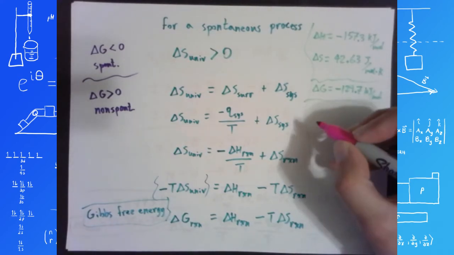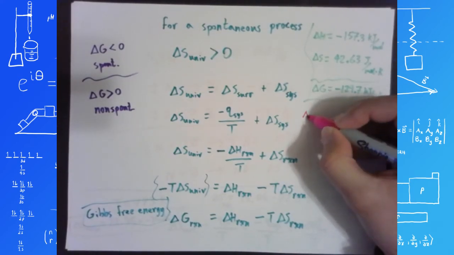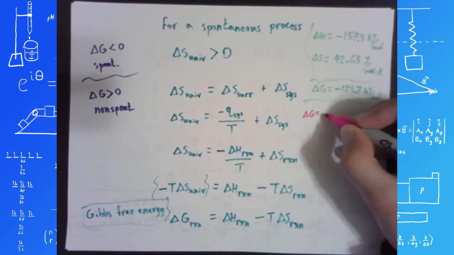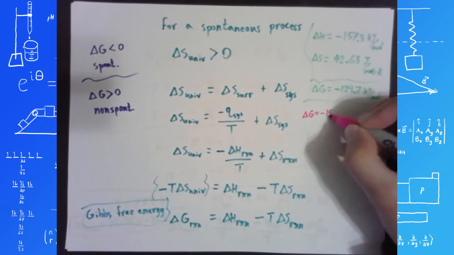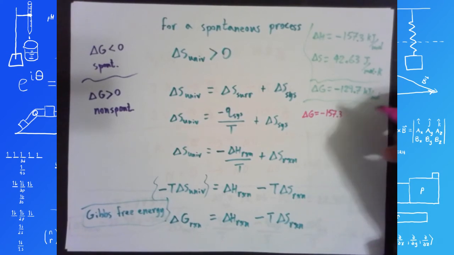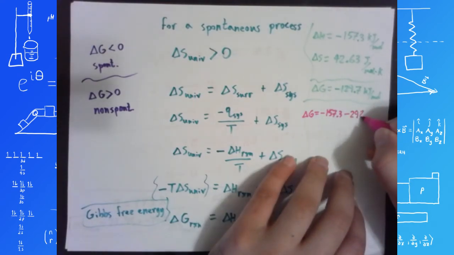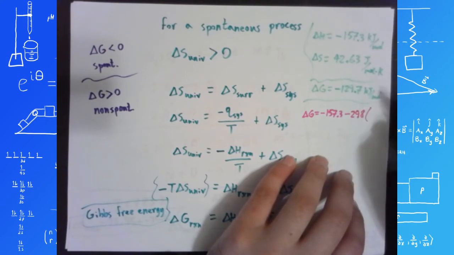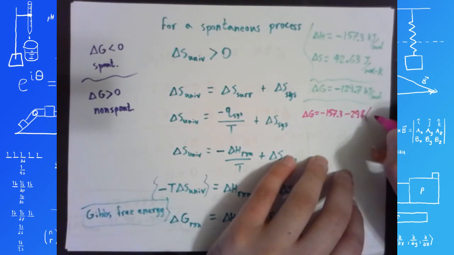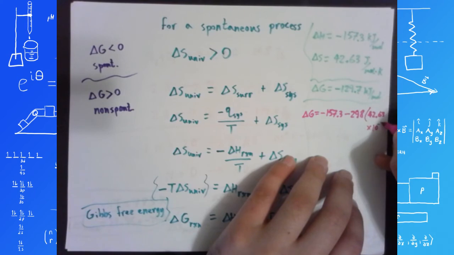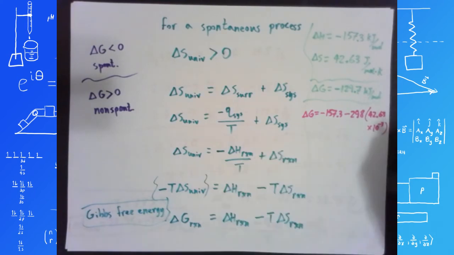So let's see, delta G equals delta H, which is negative 157.3, minus T delta S. If the temperature is 25 Celsius, that's 298 Kelvin, times delta S. I need to convert this to kilojoules, so it'll be 42.63 times 10 to the negative 3 to convert it from joules to kilojoules.